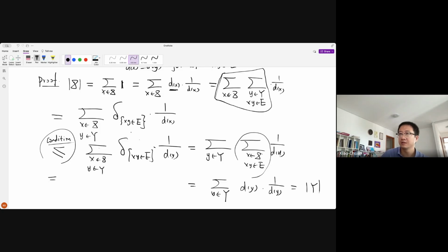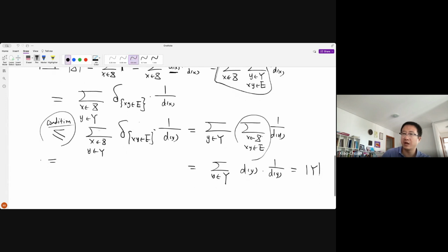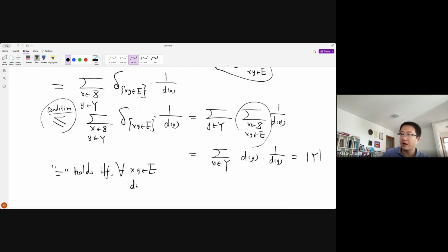So we conclude that equality happens if and only if for any xy that is an edge, d of x equals d of y. Okay, so this is the proof.